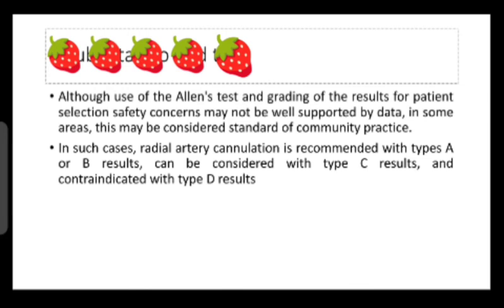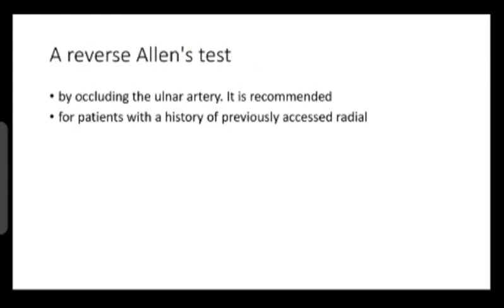Although use of Allen test and grading of the results for patient selection safety concerns may not be well supported by data, in some areas this may be considered standard of community practice. In such cases, radial artery cannulation is recommended with type A and B results, can be considered with type C results, and is contraindicated with type D results.